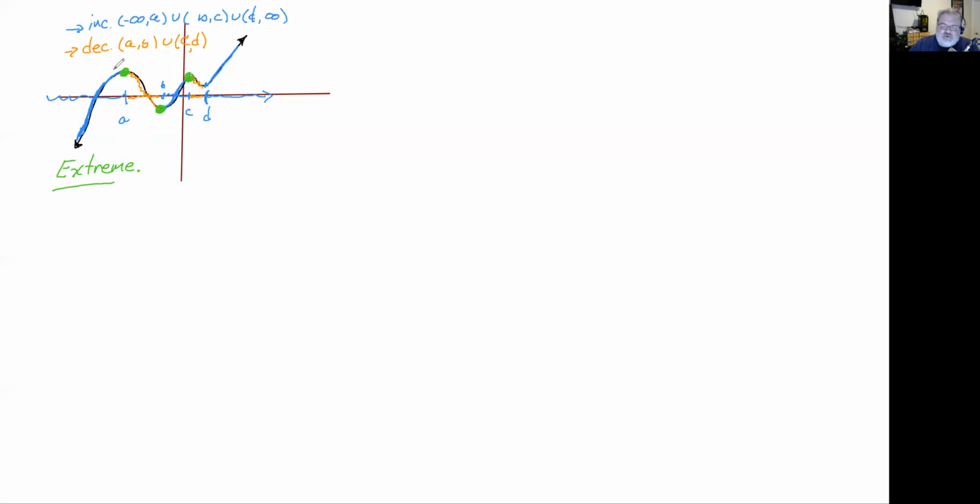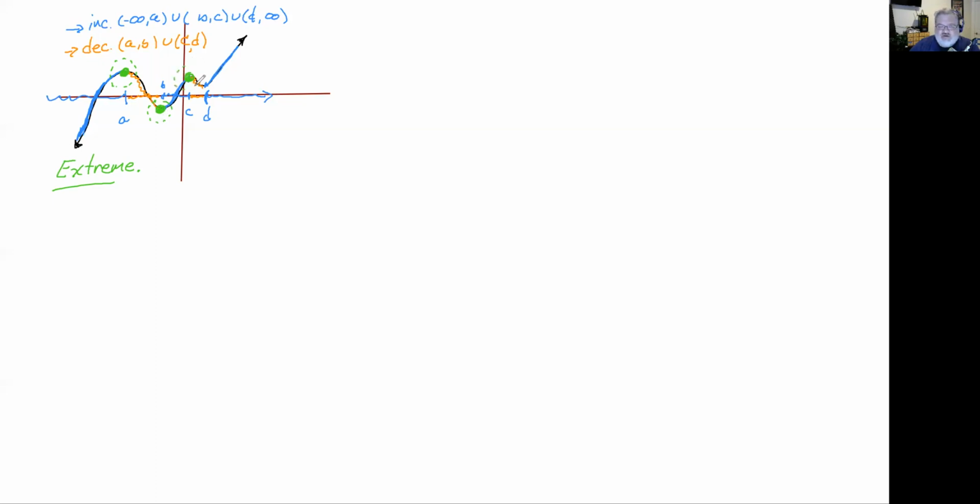This first point up here is certainly not the highest point anywhere on the graph. The graph does go higher over here, so it's not a global extreme. It is a local extreme. It is the maximum value in this local area. This is a minimum in its local area, so it is a relative minimum, sometimes just called a local minimum.